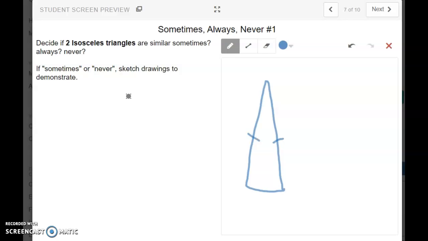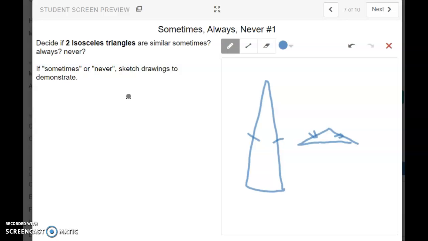Now this triangle and this triangle, these two triangles are both isosceles triangles. Do they look similar to you? No, they do not. So this is definitely not always.